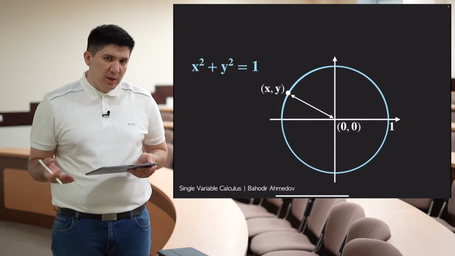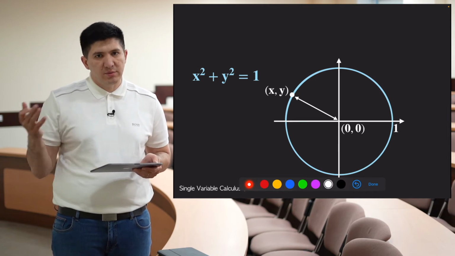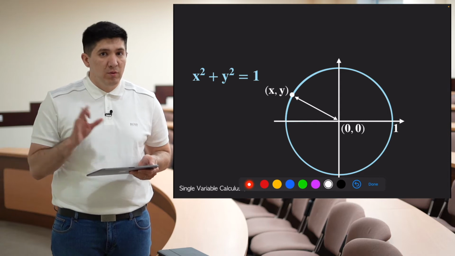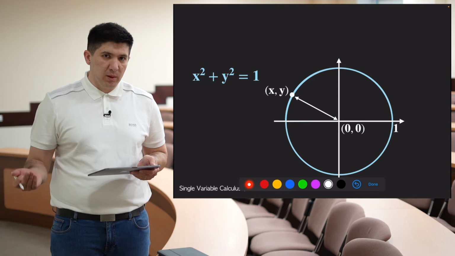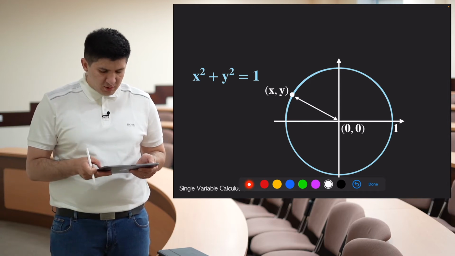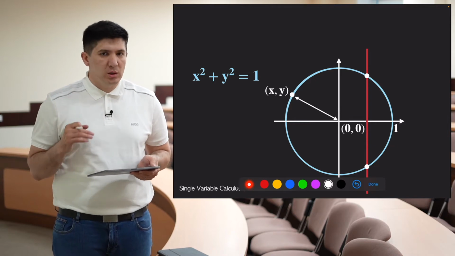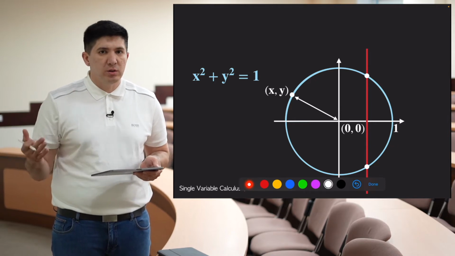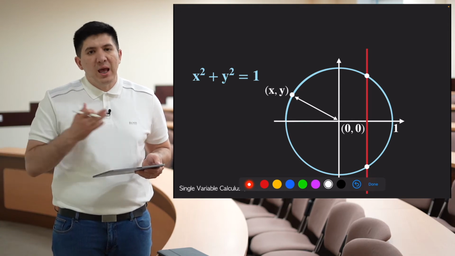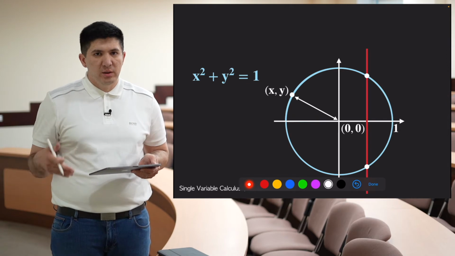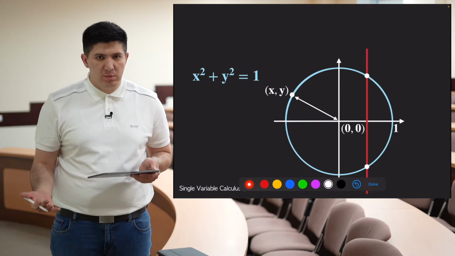And the problem is, it's not a function, so that is why we can't really use the techniques of calculus which we have learned so far for functions of a single variable on this curve. It fails to be a function because of the so-called vertical line test. One of the easy ways to check whether you've got a function or not is to draw a vertical line, and if any vertical line crosses your curve more than once, then that's not a function.